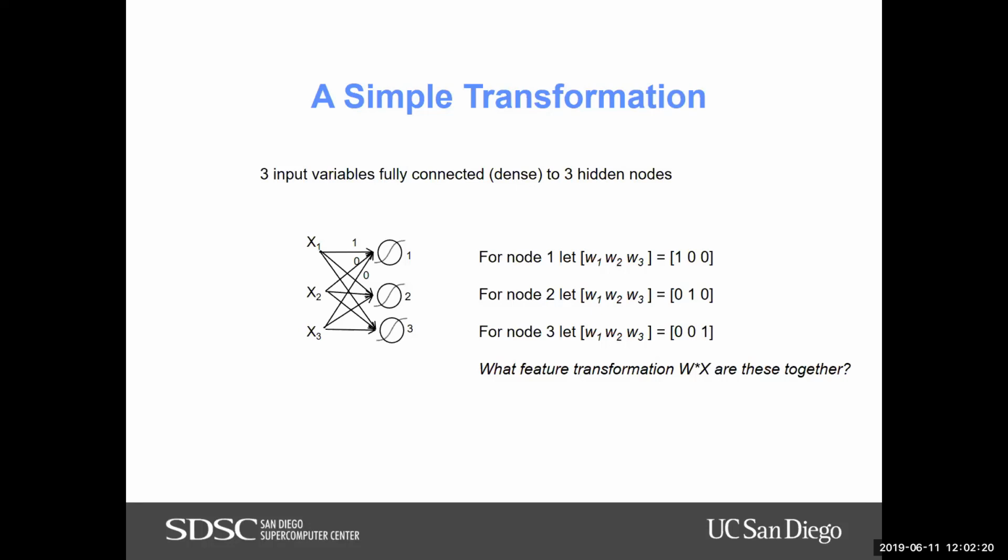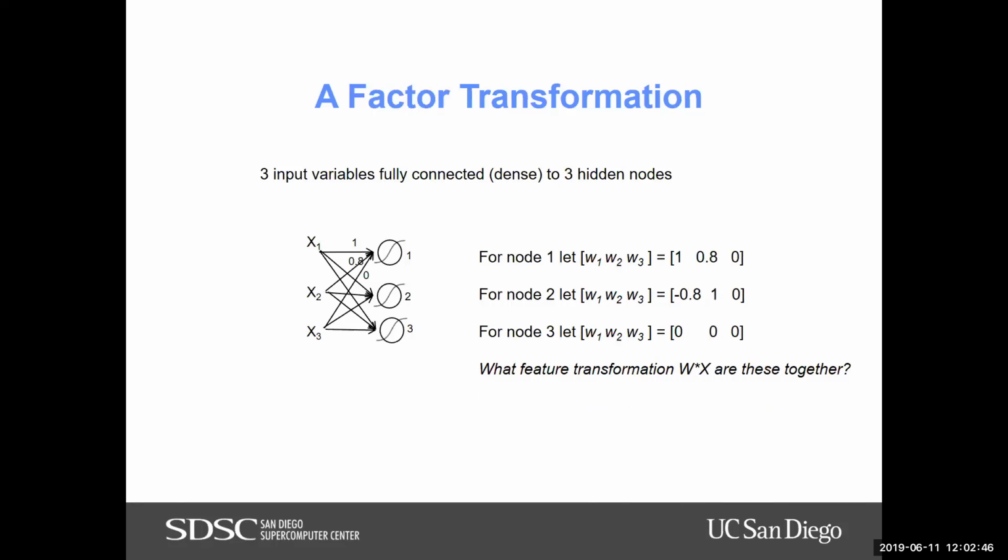This is really like an identity matrix. So this is just basically taking one three-dimensional input space and copying it to another three-dimensional space. In this case, it's just going to be the identity. And it really depends on the entire transformation function, but at least for the W times X, for the weights times the input, it's really just transferring it to another space.